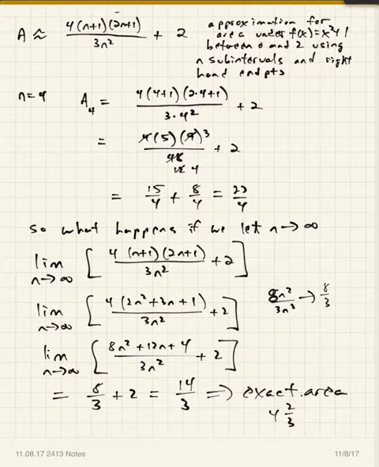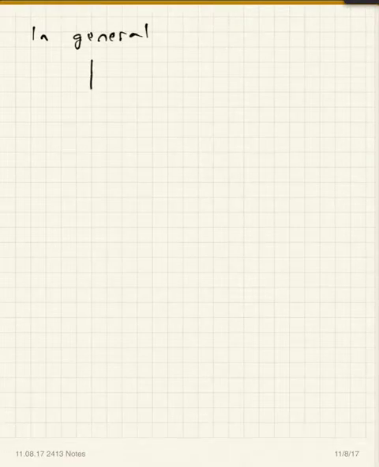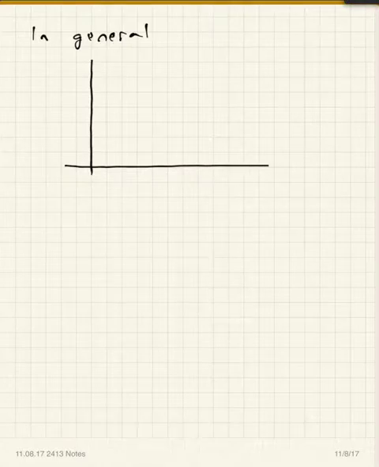So let's go through this in a little bit more general of a way here. So in general, if we have this picture right here, we have a curve. Don't know what the function is at this point.